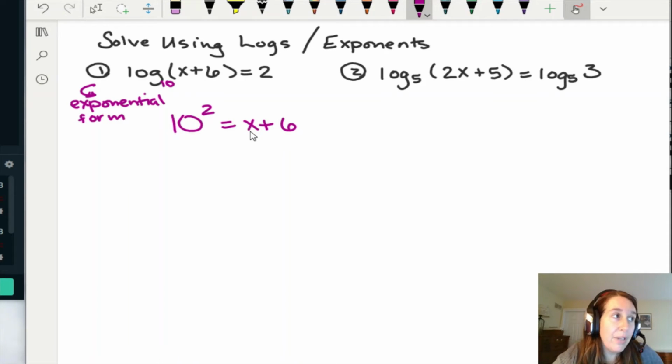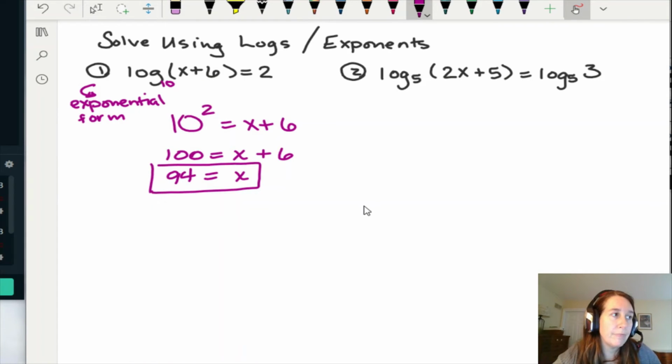Now we can solve for x because it's just x plus 6, and we have no log left. Notice when we turn to exponential form, we have gotten rid of the log. So 10 squared is 100, and that's 100 equals x plus 6. Subtract 6 from both sides, you get x is equal to 94.